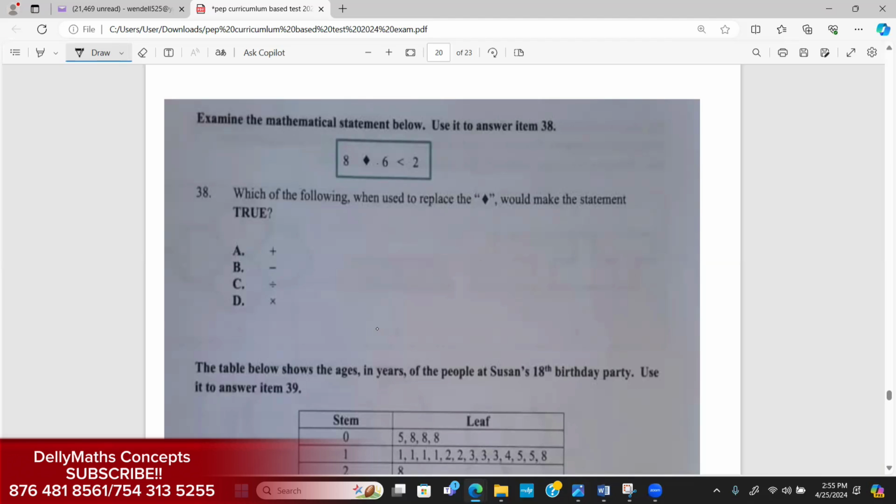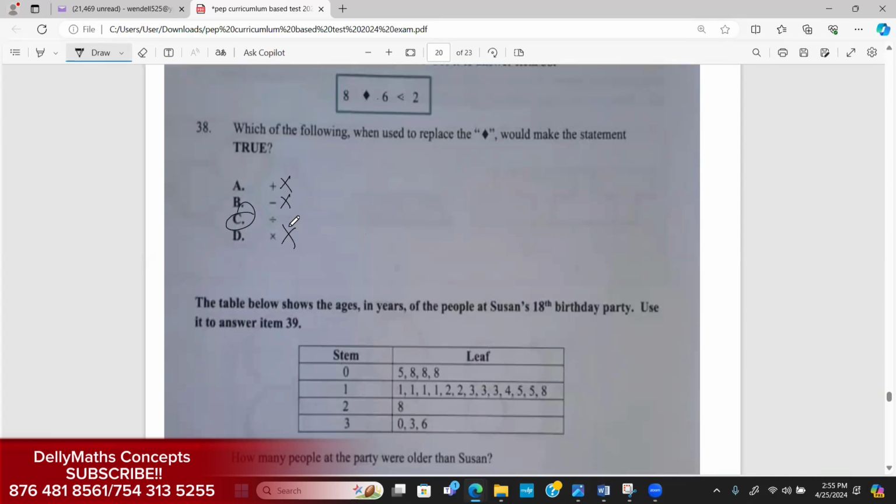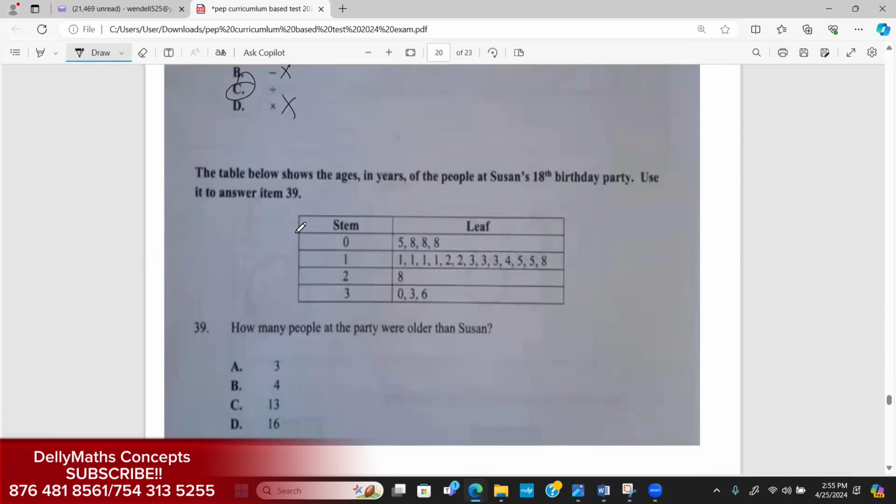Is 14 less than 2? No, so A is wrong. If we subtract, we'll get 2. Is 2 less than 2? No, so this is wrong. If we divide, we'll get 1 point something. Is that less than 2? Yes, this is correct. I'm not even going to check the other one. C is the answer. So we divide at 38.